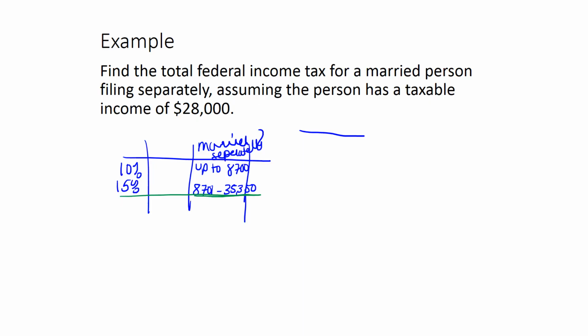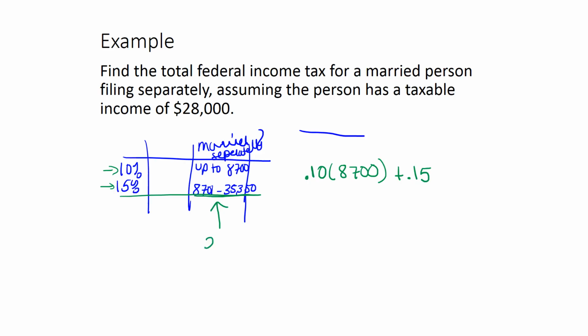But just remember that you only pay 10% up to $8,700, and we know how we find a percent of a number. We just change these to a decimal and multiply by the amount. Now we're going to pay 15% on the amount that falls more than $8,700.